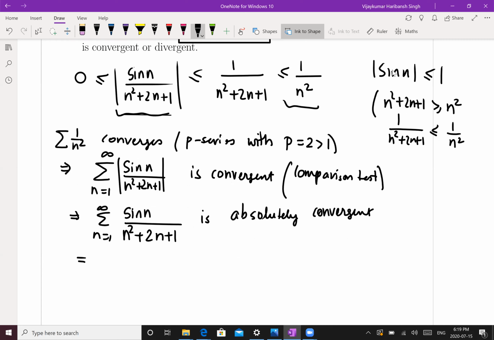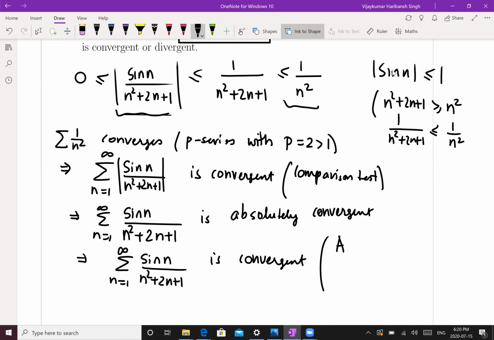This implies that the summation n equals 1 to infinity of sine n upon n square plus 2n plus 1 is convergent. And what is the justification for that? The justification is that absolute convergence implies convergence.